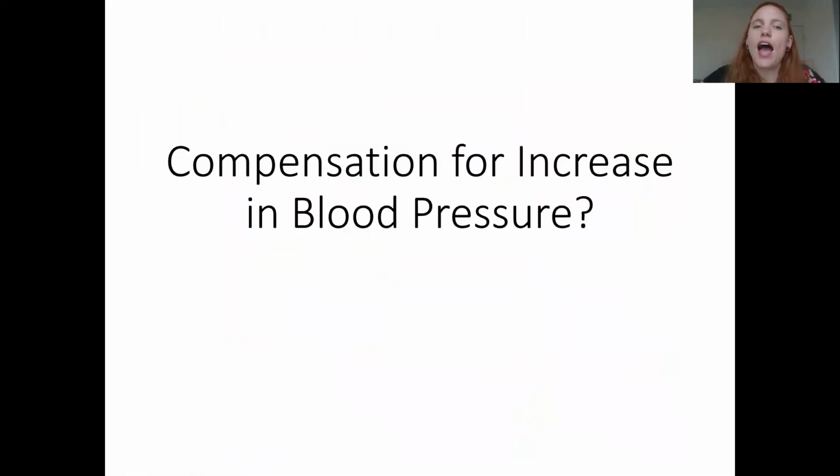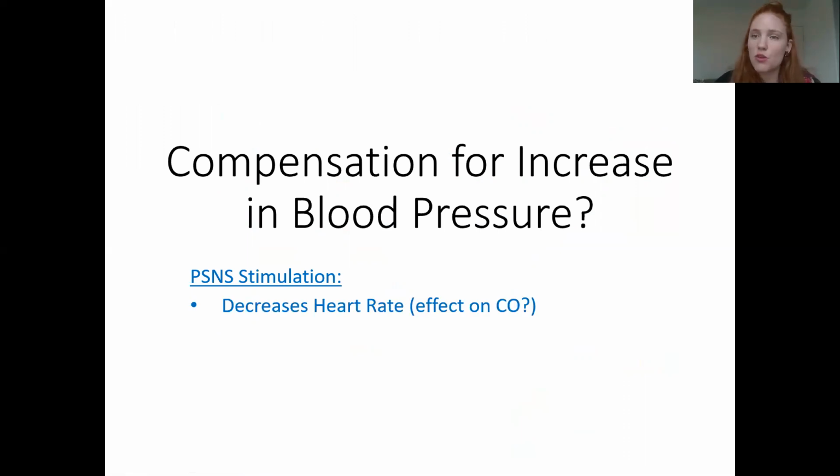Just to make sure we understand, how would the body compensate for an increase in blood pressure? When I say compensate, I mean try to go the other way, so we're looking for things that would decrease blood pressure. You're going to stimulate the parasympathetic nervous system. What actions happen as a result? You would decrease the heart rate. A decrease in heart rate means a decrease in cardiac output, less volume, which would decrease blood pressure.